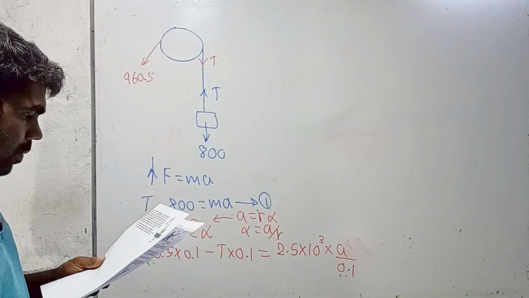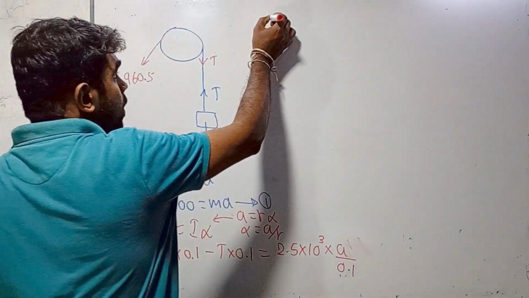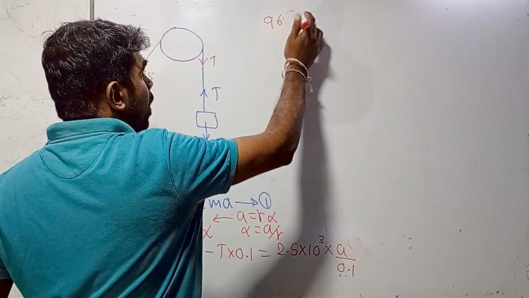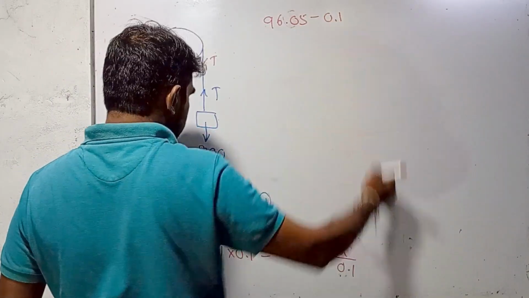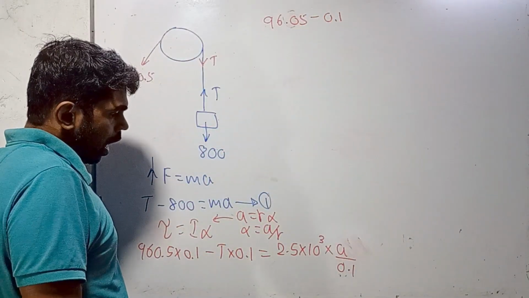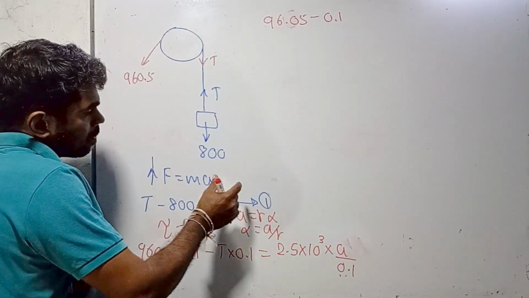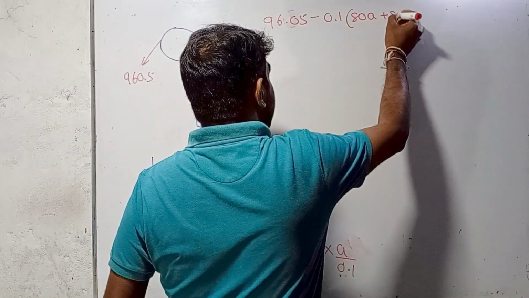Now we have to find the linear acceleration. Then I will get 960.5 into 0.1, 96.05 minus 0.1 tension. I will substitute tension using this equation: it is ma plus 800, mass 80 a plus 800.